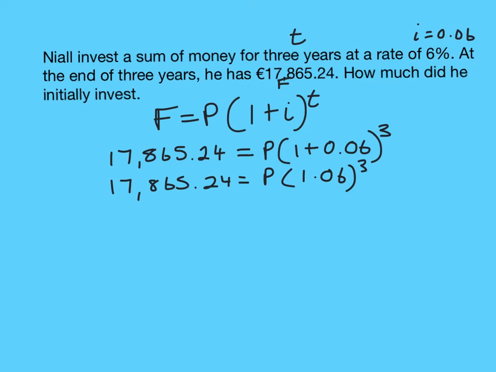Again, I'm going to just simplify. So I have 17,865.24. I'm doing nothing with that left-hand side at the minute. And then I have 1.06 to the power of 3, multiplied by P. So I can simplify this side. 1.06 to the power of 3, and I'm going to get 1.191016.